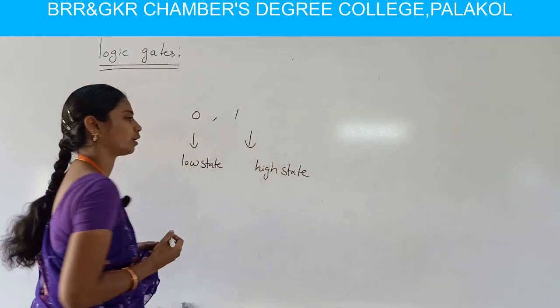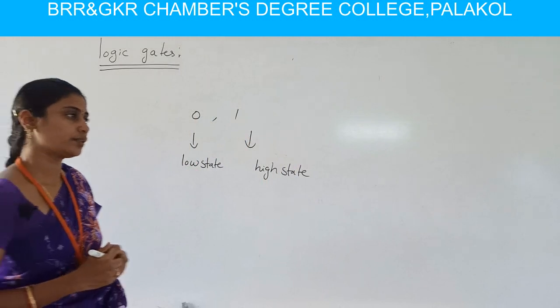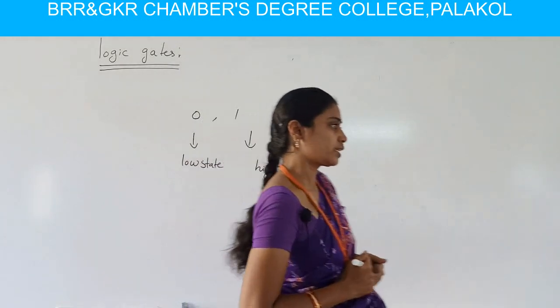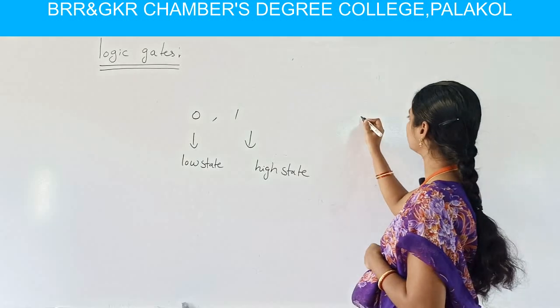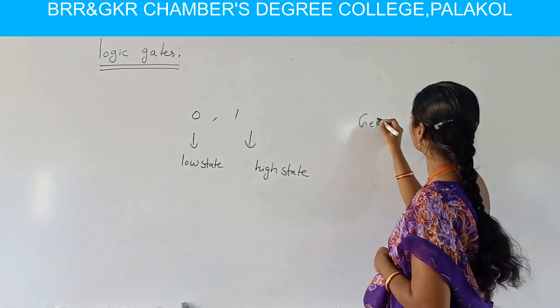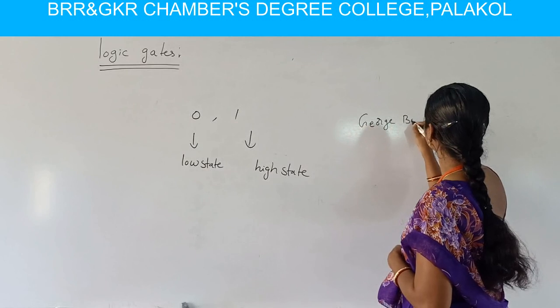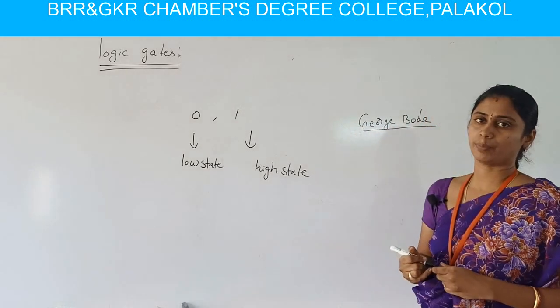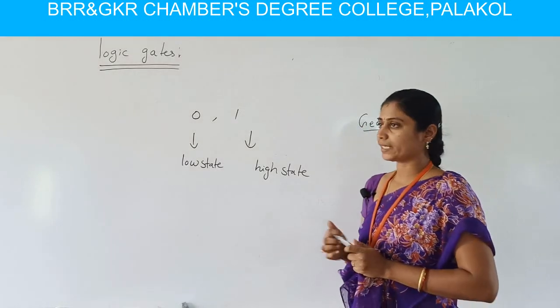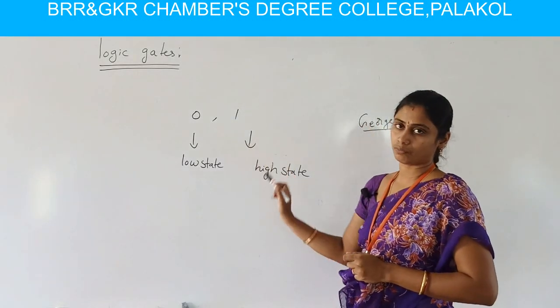These two numbers are binary numbers. These binary numbers are used in Boolean algebra, invented by the scientist George Boole. George Boole invented Boolean algebra by using these binary numbers 0 and 1.